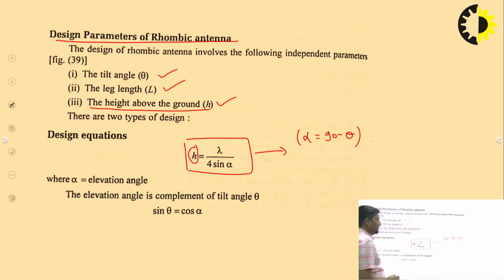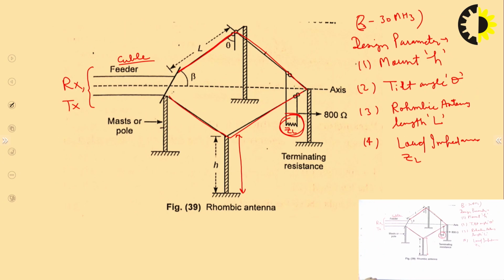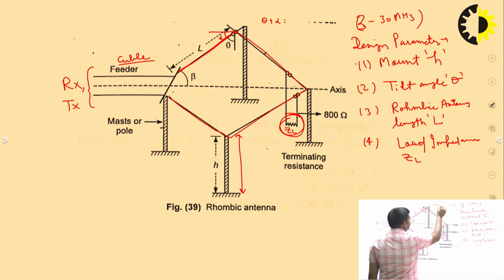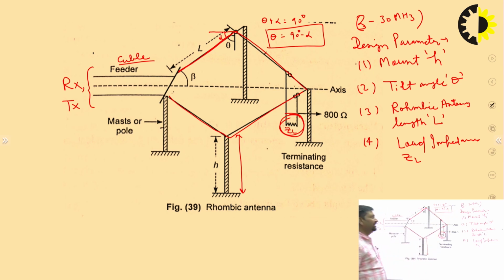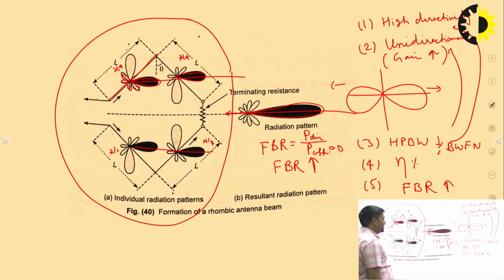What is the meaning of alpha? You can see that this is theta, this is alpha, so theta plus alpha is equal to 90 degrees, so theta is equal to 90 minus alpha. This is the first design parameter, the tilt angle: theta is equal to 90 minus alpha.